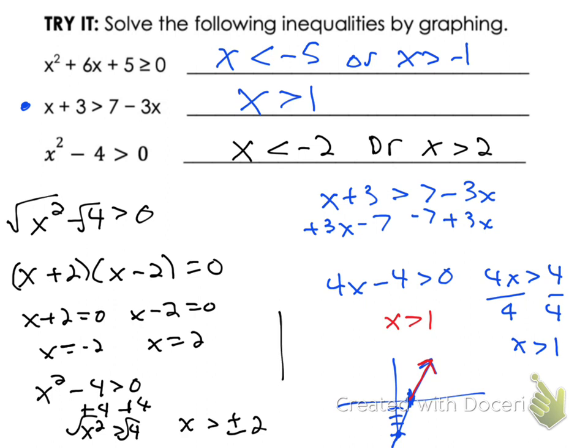The way that last one would look, 1, 2, negative 1, negative 2, there'd be a parabola going through negative 2 and 2. It's greater than above the x-axis. So that's why it's x is less than negative 2 or x is greater than 2.